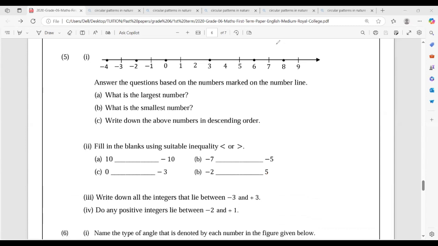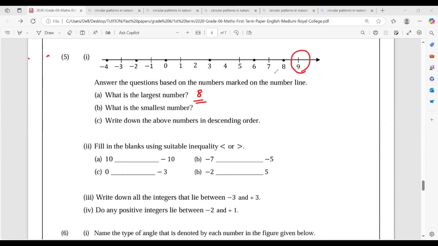Okay, in the 5th question, you have a number line. Answer the questions based on the numbers marked on the number line. What is the largest number? In this number line, the largest number which is marked is 8.